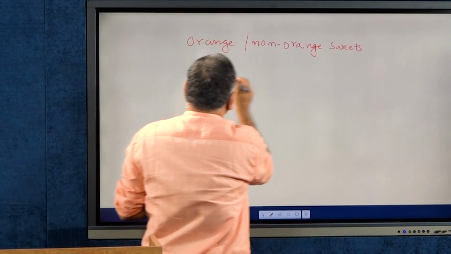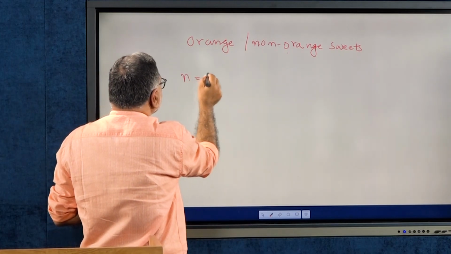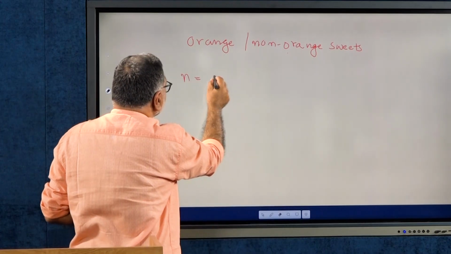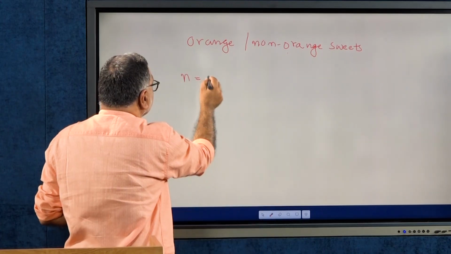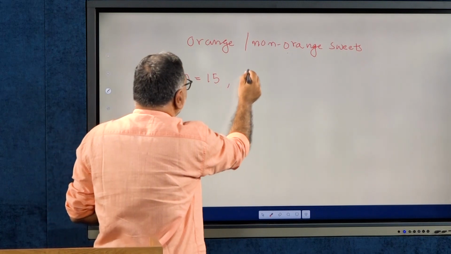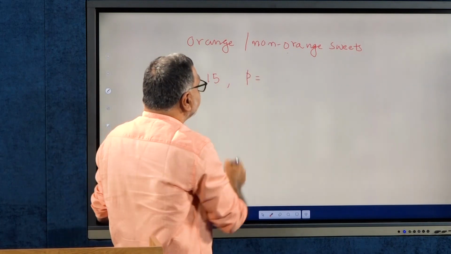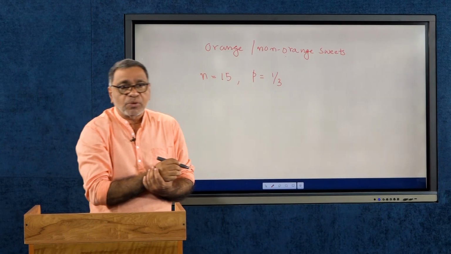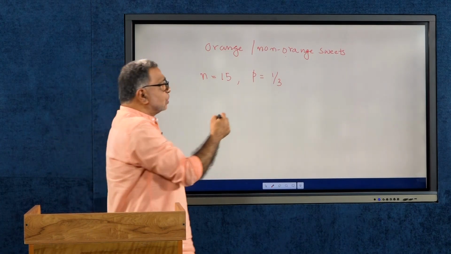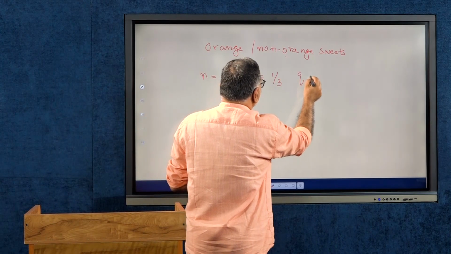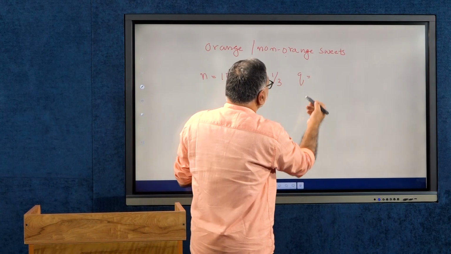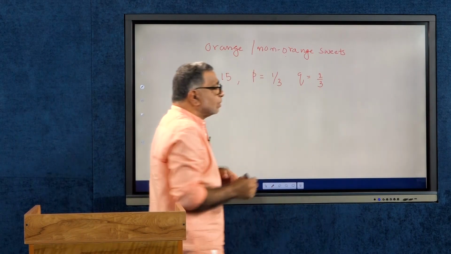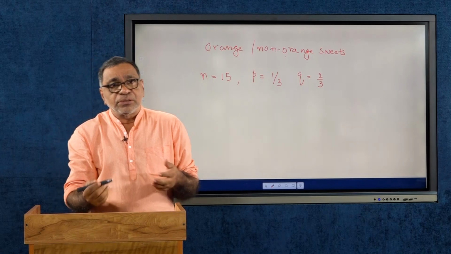The number of seeds given to you is 15, and the proportion of orange seeds, that is the success, is 1 in 3. So p is equal to 1 by 3 is given. Of course, q, the probability of getting a non-orange seed, is 1 minus 1 by 3, that is 2 by 3.